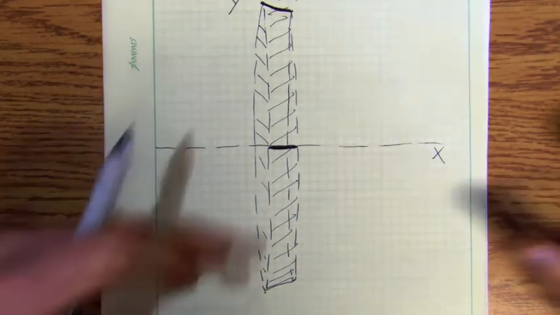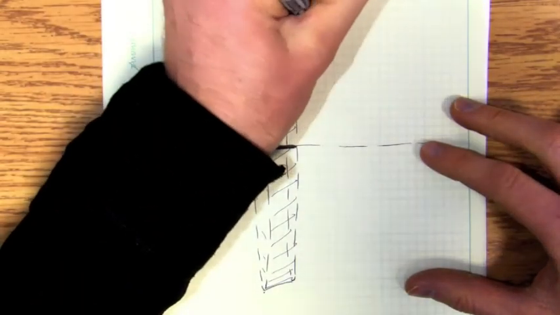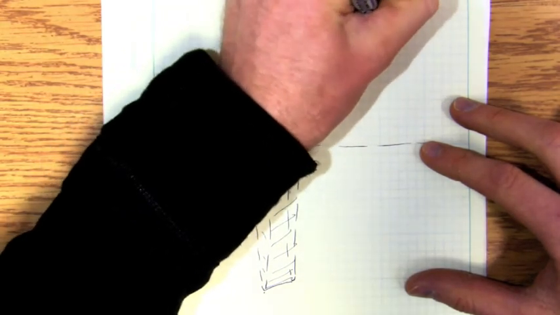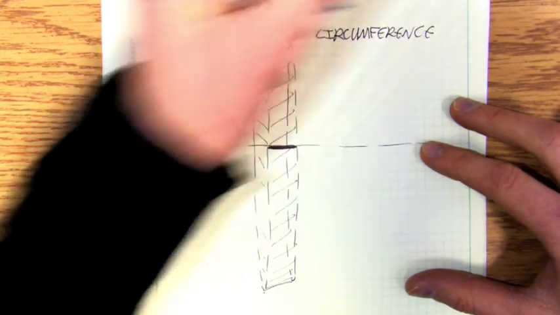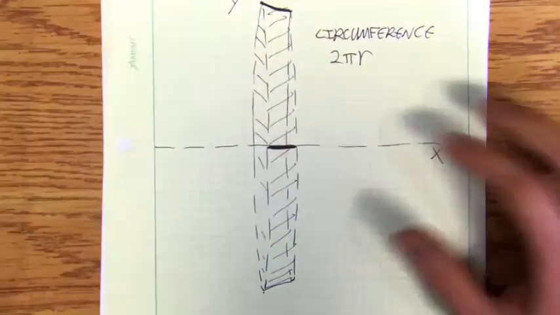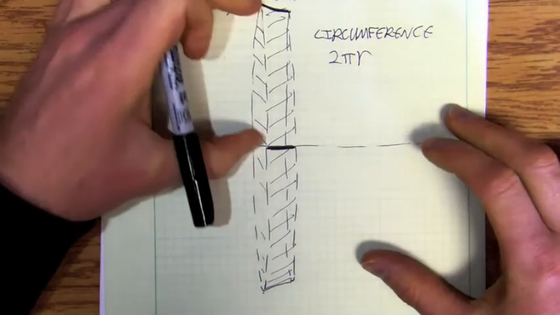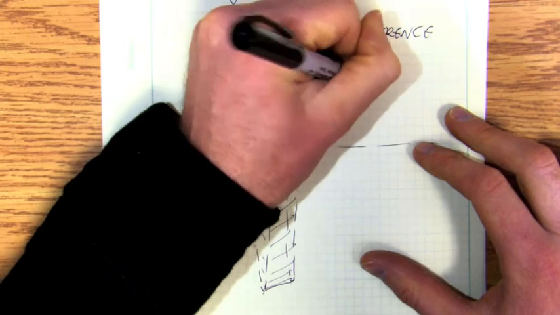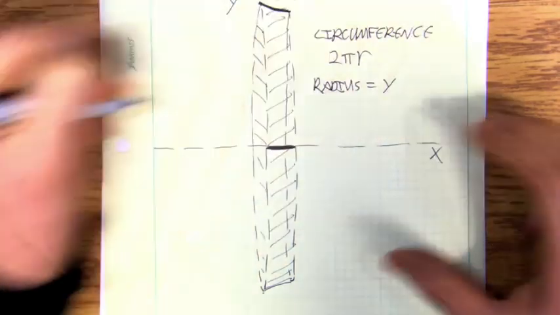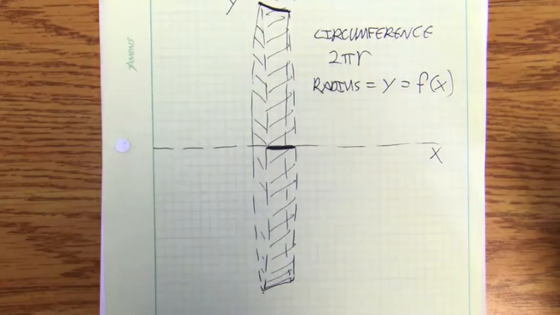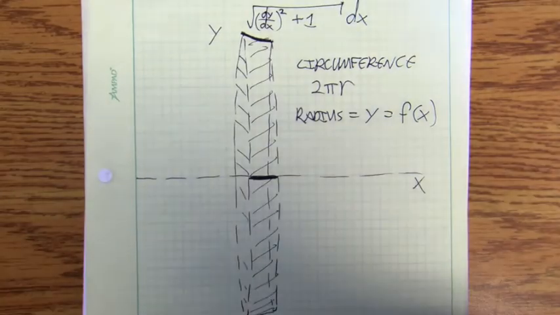Now, the circumference is going to be 2 pi r, but now my radius is y, or we could call it f of x. So I'm going to switch notations here.